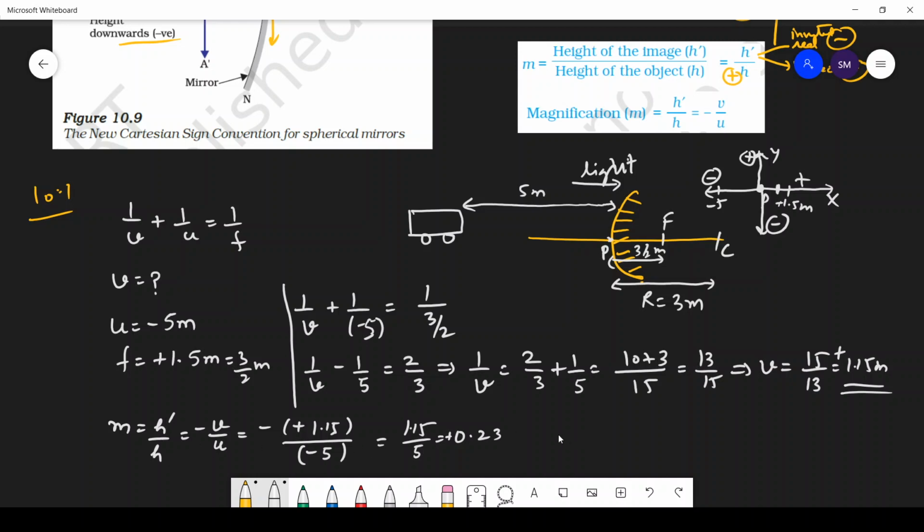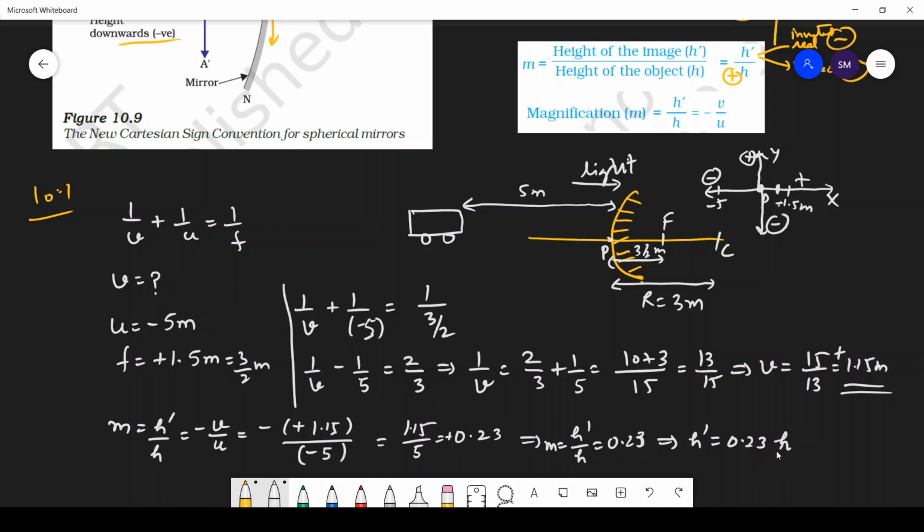So it means that H dash upon H is equals to 0.23. Right? This is what magnification is. And this means that H dash is equals to 0.23 into H. So this is the height of the object, and multiply the height of the object with 0.23 and you will get the height of the image.